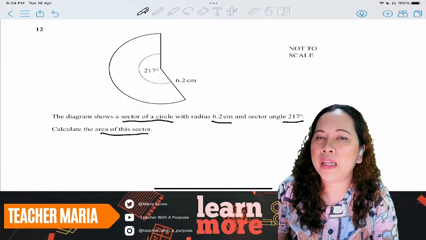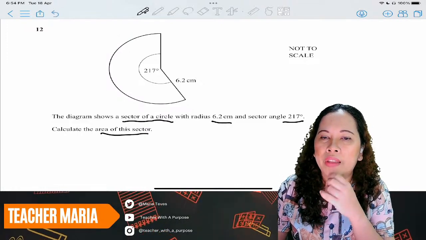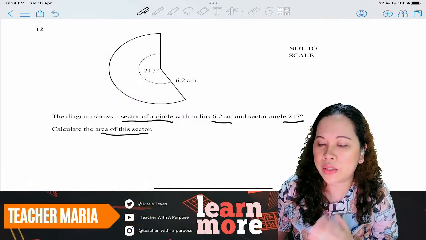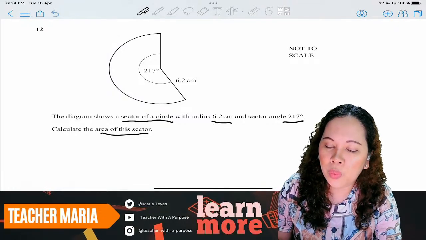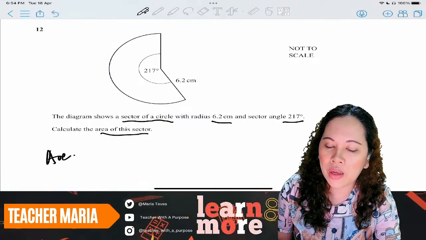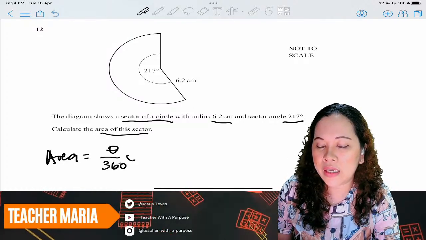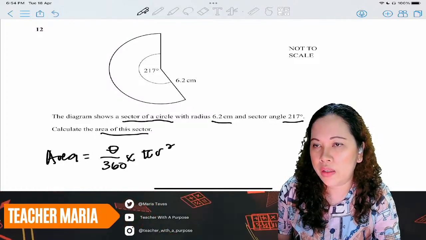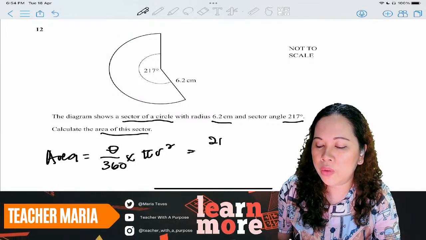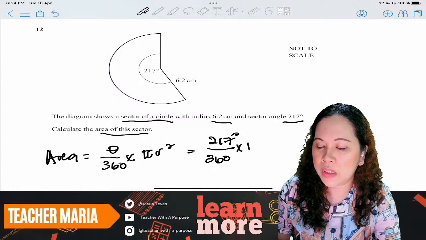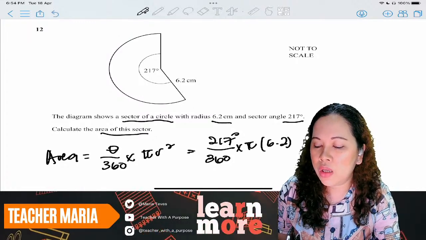Now, let's go back to the formula for a sector. The area of a sector is the angle divided by 360 times pi r squared. So you just need to place 217 degrees divided by 360 times pi times 6.2 squared.